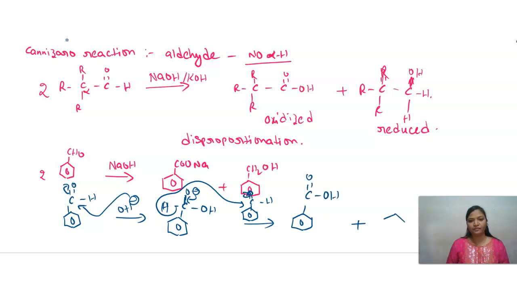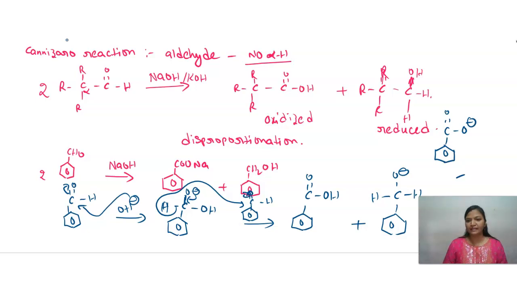Along with this it will give CO minus and H is there, another H is here. Now if you see the benzoate ion, C double bond O minus, and the benzylate ion, CH2O minus.